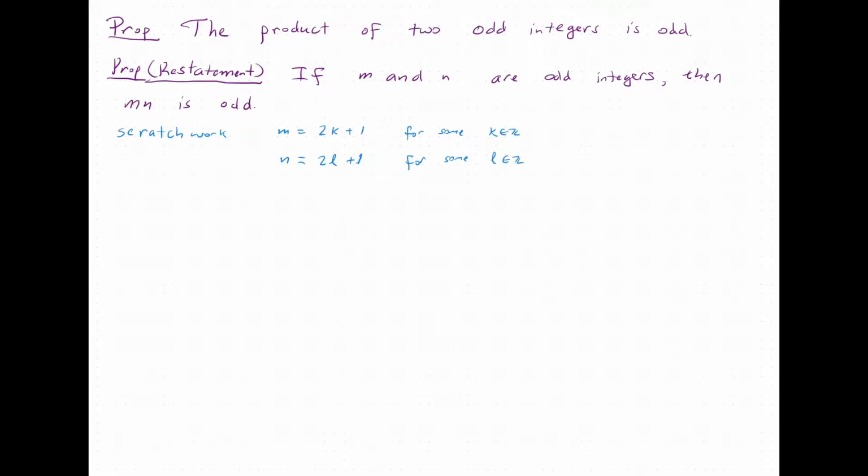And so if we multiply the two, we will have that m times n is equal to 2k plus 1 times 2l plus 1, which is going to be 4kl plus 2k plus 2l plus 1, which we can then write as 2 times (2kl plus k plus l) plus 1.